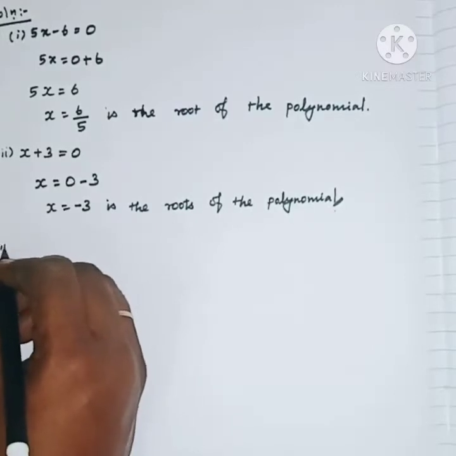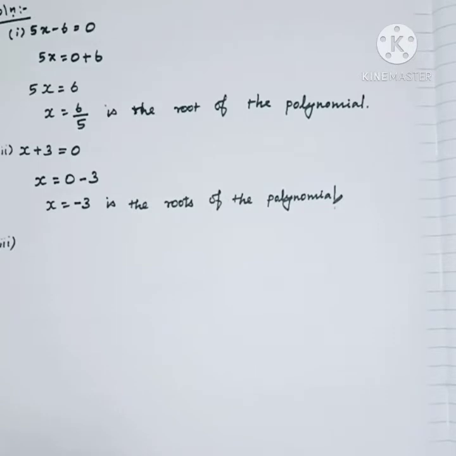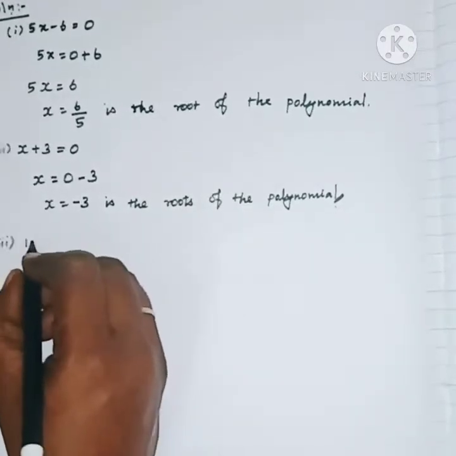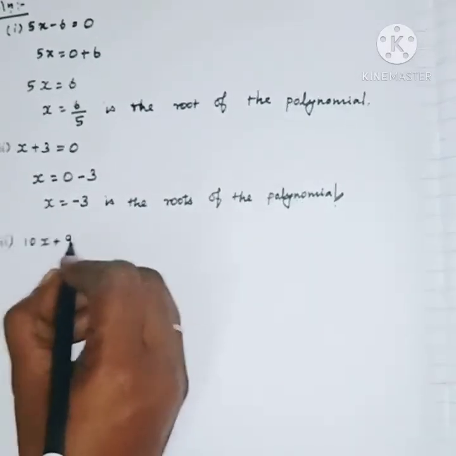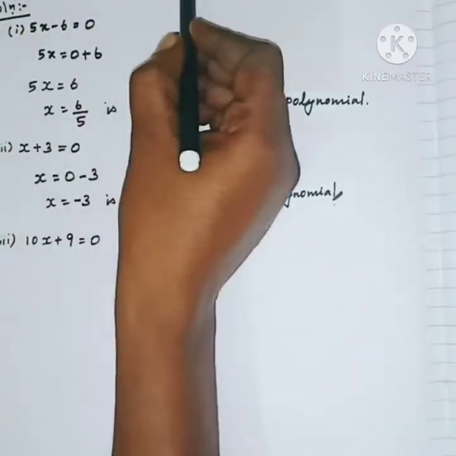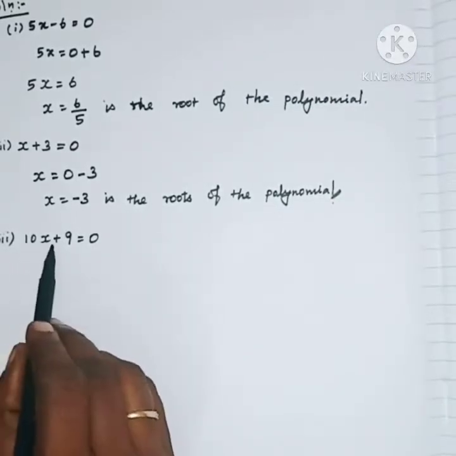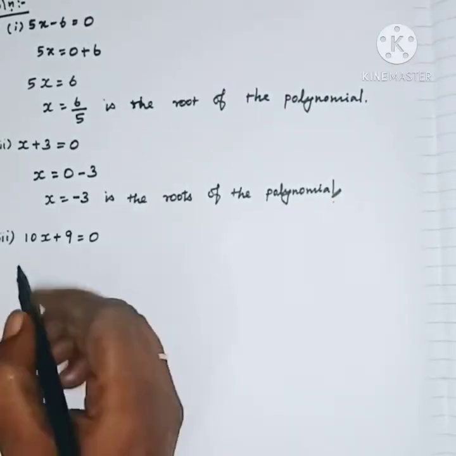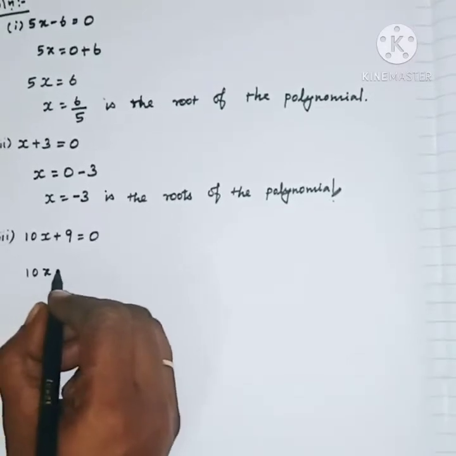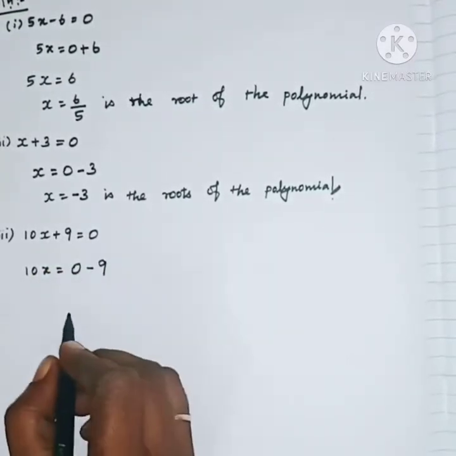And then the third subdivision is 10x plus 9 is equal to 0. Find the roots of the polynomial equation. So 10x is equal to 0, plus 9 will become minus 9 when it comes to the right hand side.